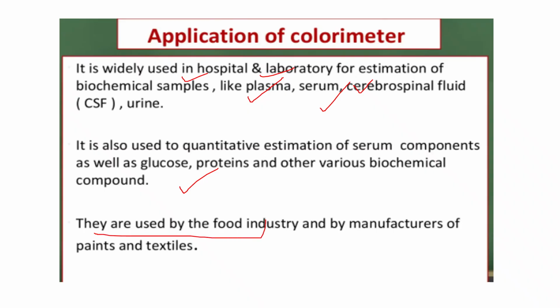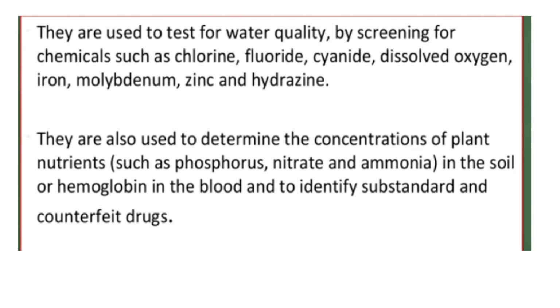It is used by the food industry as well as manufacturers of paints and textiles for quality control. It is used to test water quality by screening turbidity, chloride, zinc, fluoride, cyanide, etc. It can also determine plant secondary metabolite concentrations, or concentration of nutrients like nitrate, ammonia, or hemoglobin in the blood, and it can also identify counterfeit drug concentrations. So it has very wide application in botany, biochemistry, physiology, etc.